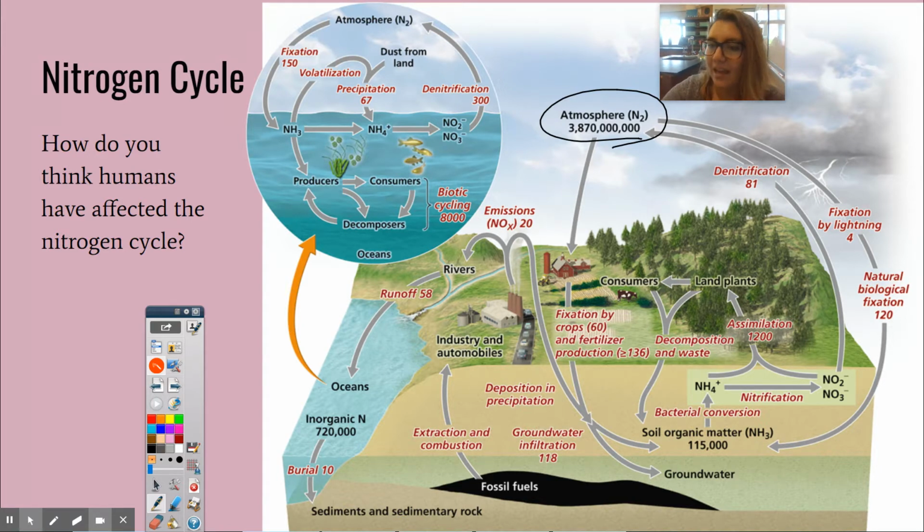So they're going to take that N2 and do what's called nitrogen fixation. They're going to turn the N2 into NH3, NH4, which is ammonia or ammonium. So nitrogen fixing bacteria in the soil are going to absorb nitrogen from the air and turn it into NH3 and NH4.